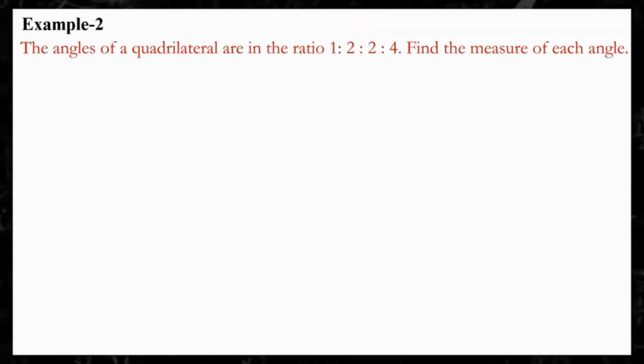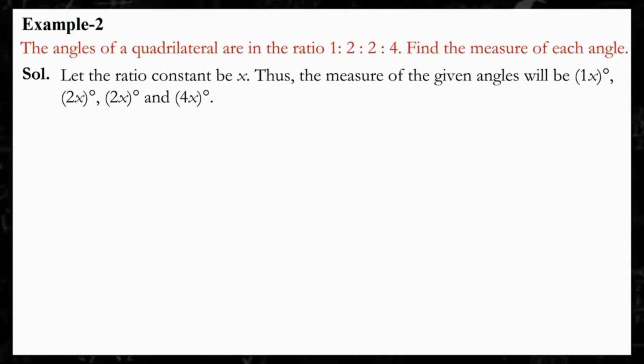Example 2. The angles of a quadrilateral are in the ratio 1:2:2:4. Find the measure of each angle. Solution. Let the ratio constant be x. Thus, the measure of the given angles will be 1x degrees, 2x degrees, 2x degrees, and 4x degrees.